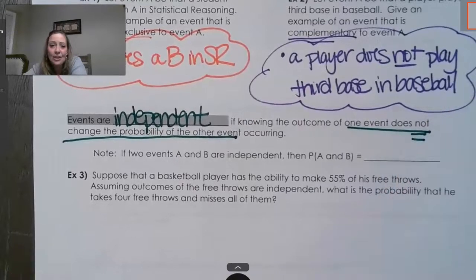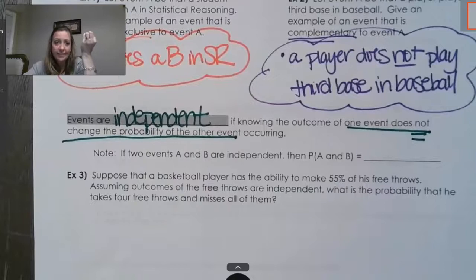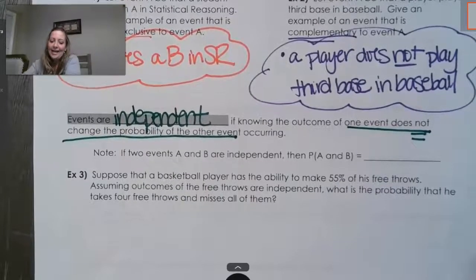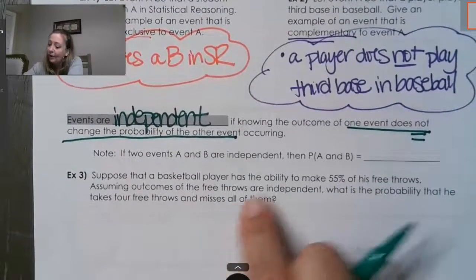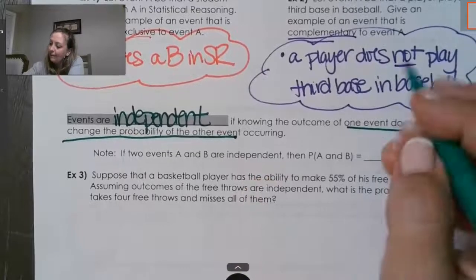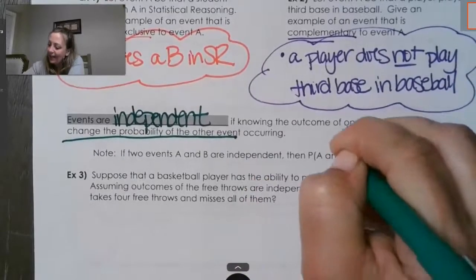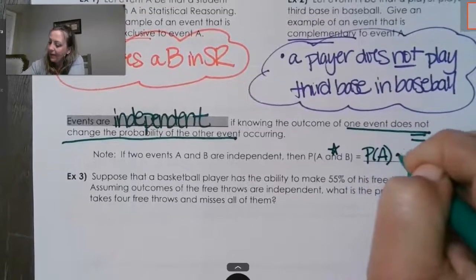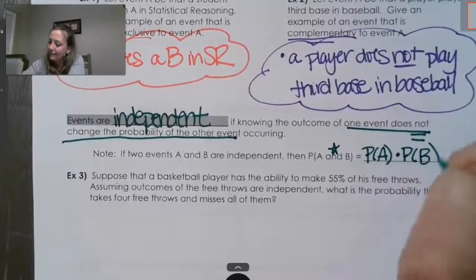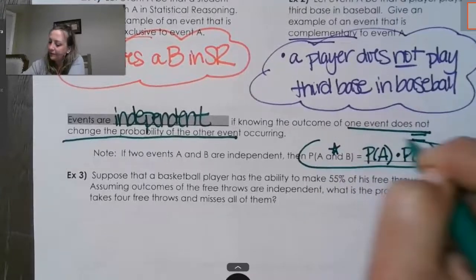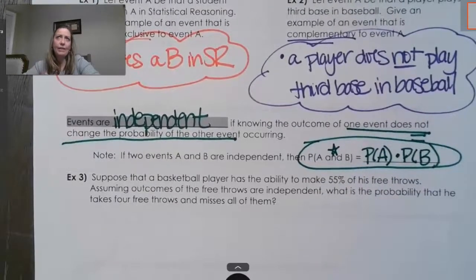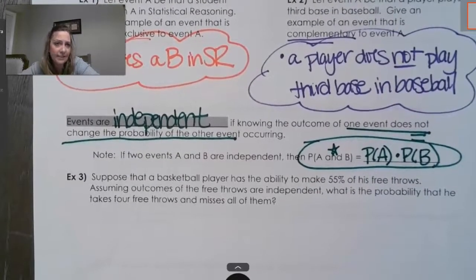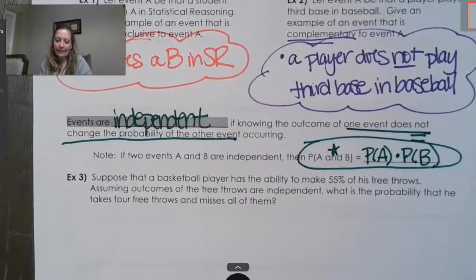So one thing happening isn't going to affect the other, essentially. And if two events, A and B, are independent, then the probability of A and B, we're going to take by the probability of A occurring times the probability of B occurring. And we've done that idea with different combinations of events, and now we can do that with probabilities as well.